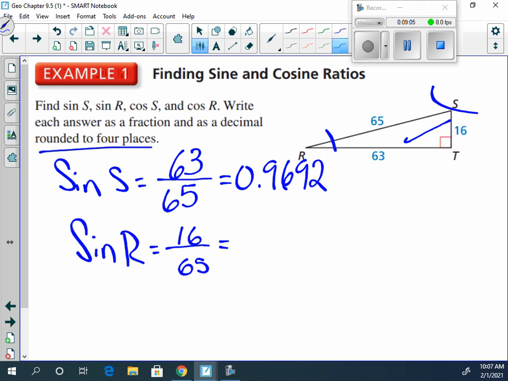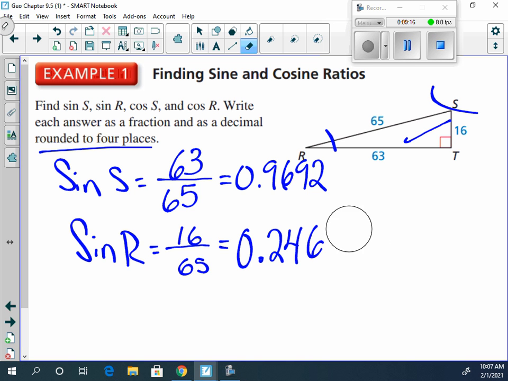Divide it. We can do 16 divided by 65, which will give us 0.246, so it would round up to 0.2462. Questions on this here?